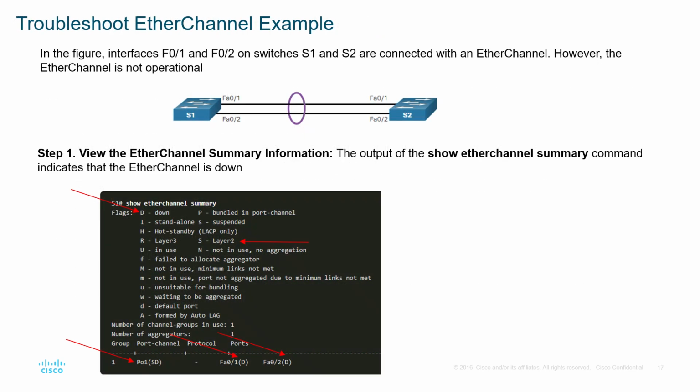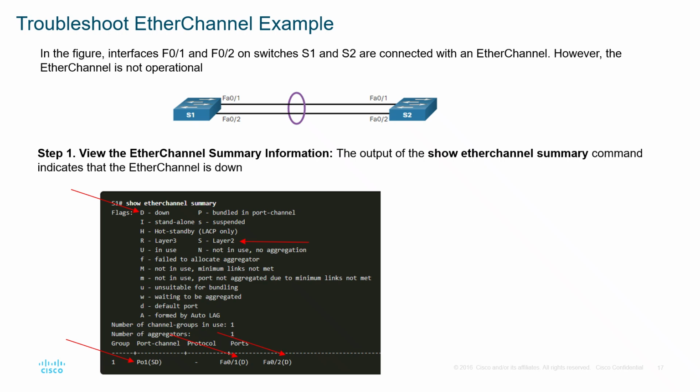So in this figure, Fa0/1 and Fa0/2 on switches 1 and 2 are connected with an EtherChannel. However, the EtherChannel is not operational. When you do show etherchannel summary, using the rubric shown here, you look at the status of your EtherChannel.